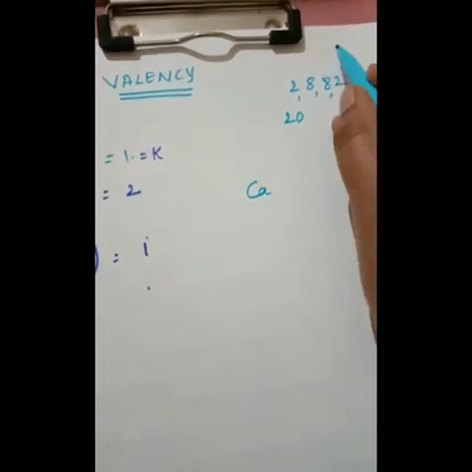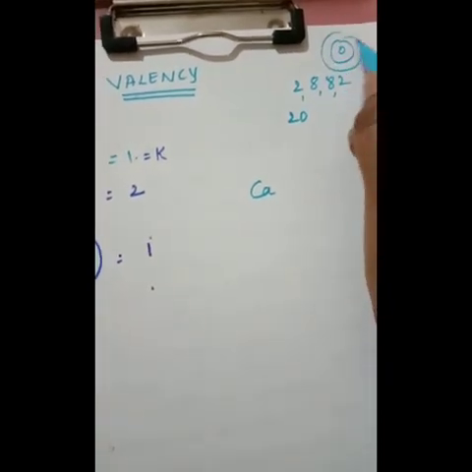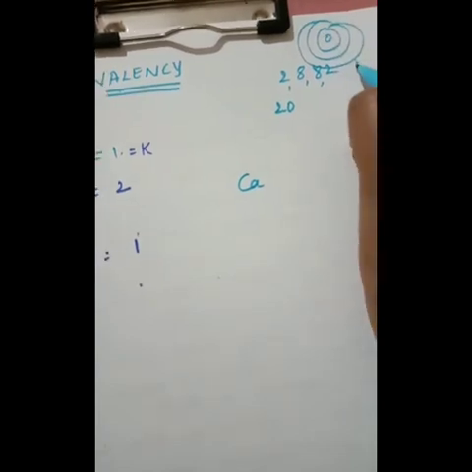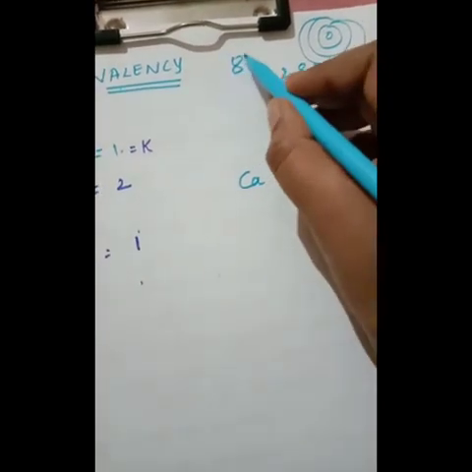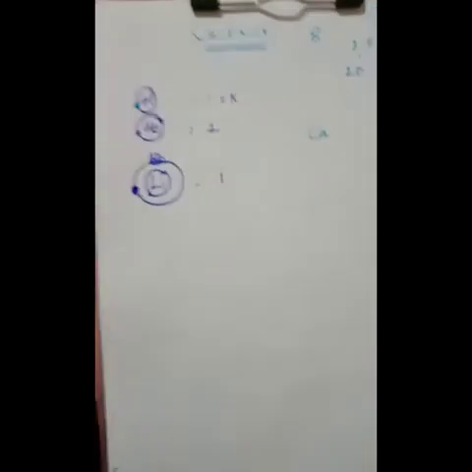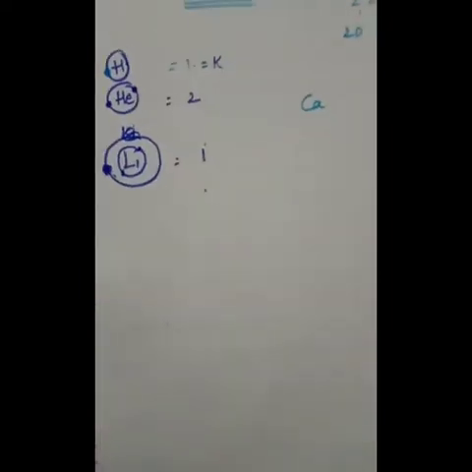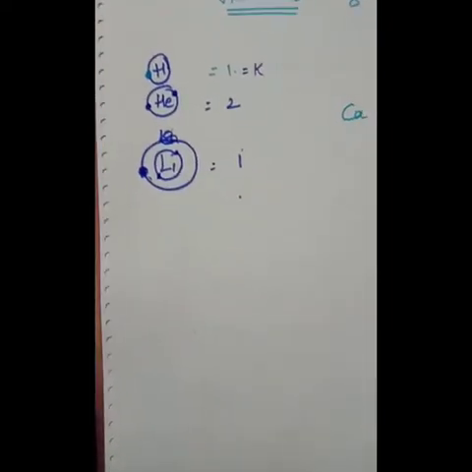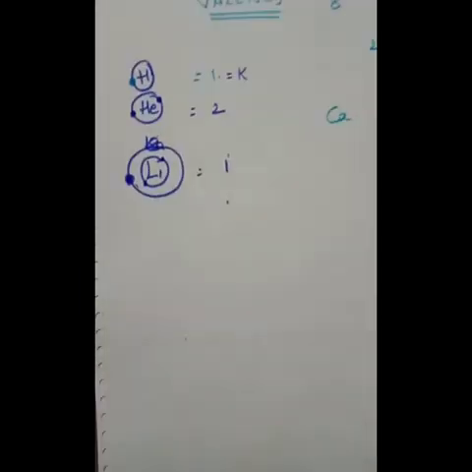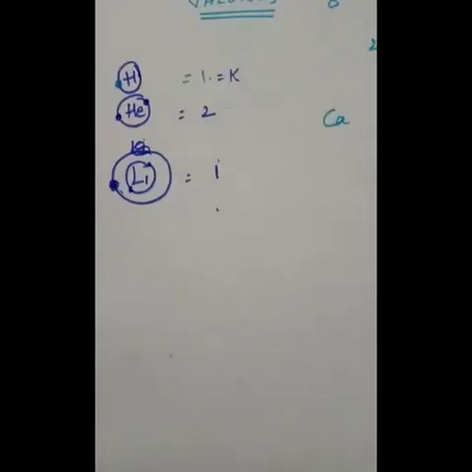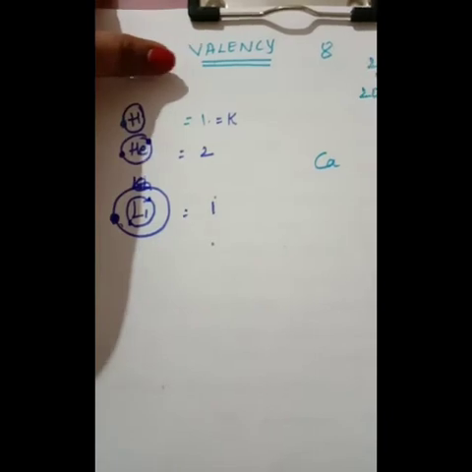Isn't it? At the last shell, it is not 32 in the place of N, it is only 8, because maximum it can have only 8 electrons, not more than that. If it is more than that, a new shell is formed.